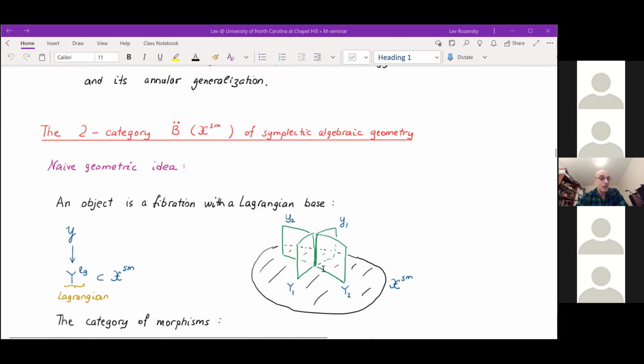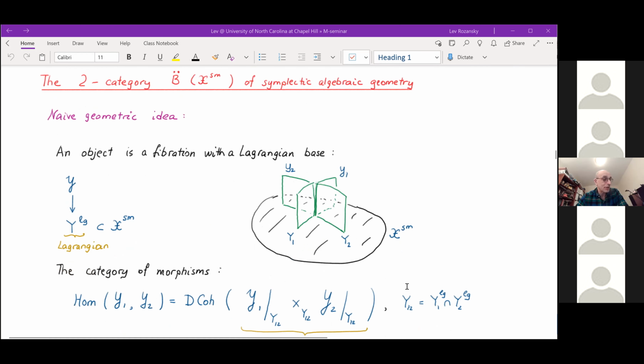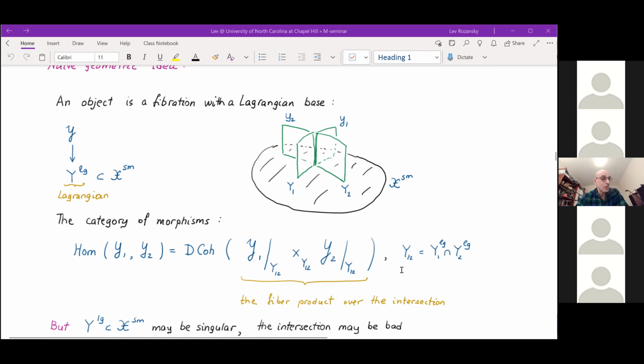So fibers exist separately from X. This is a picture. And the naive idea of the category of morphisms would be to intersect Lagrangian subvarieties, take the product of fibers over that intersection, and consider coherent sheaves over it.